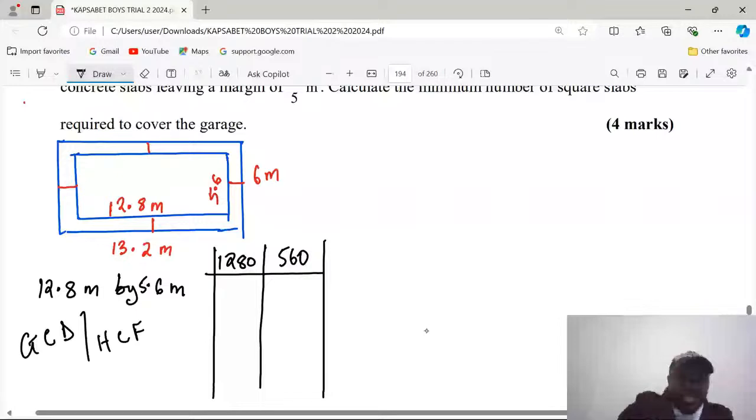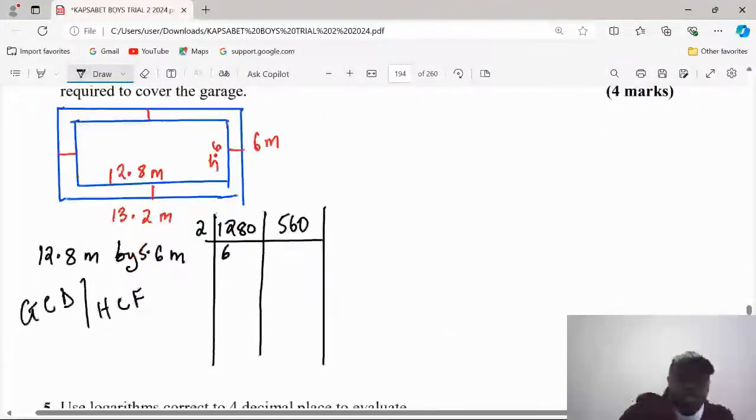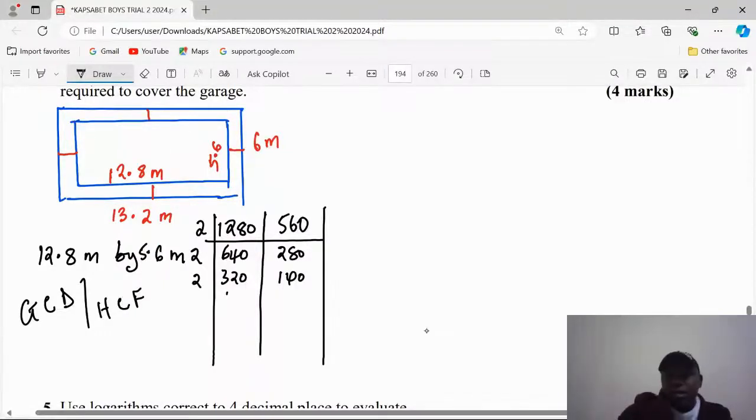We start with the first. This will give us 640. We proceed, this one will be 280. Then by 2 again, I'm getting 320 and 140.